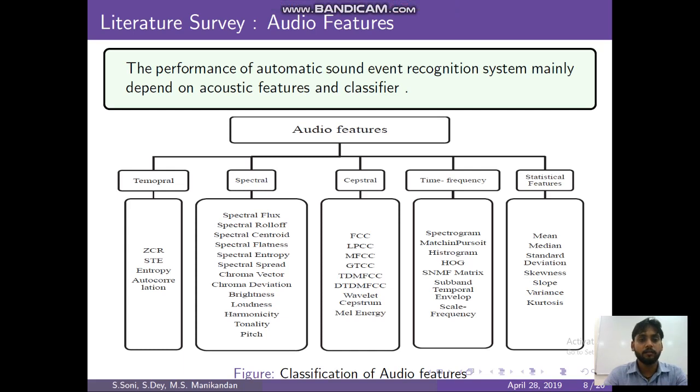In the literature, we studied that the performance of an audio event recognition system mainly depends on the selection of audio features and classifier. Here are the audio features from different domains used in the literature for audio event recognition applications: temporal domain, spectral domain, cepstral domain, time frequency domain and statistical features.